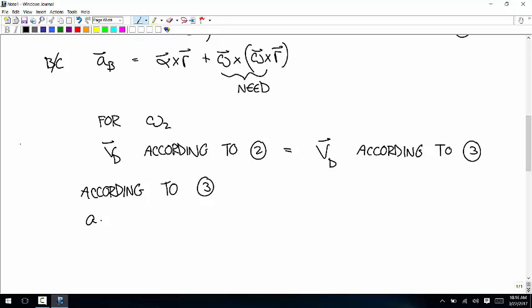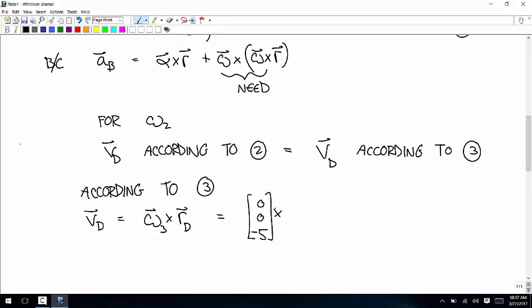So, right, not acceleration. Velocity of D is equal to omega of 3 crossed with the r vector that goes from the center of that circle to D. And we know all these things, so this one is not so bad. This is 0, 0, negative 5.